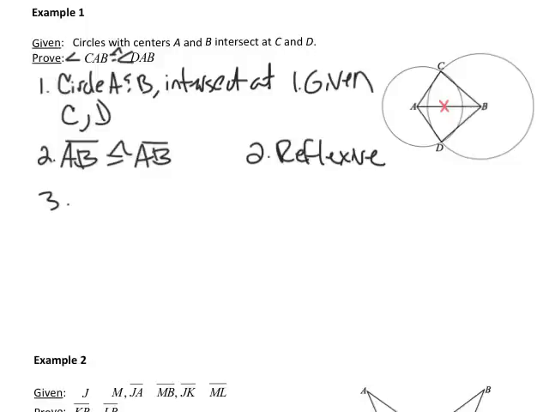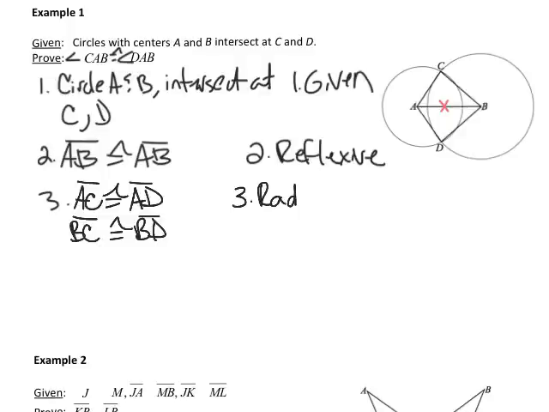So what I can say is AC has to be congruent with AD, and BC has to be congruent with BD. Radii of a circle are congruent. So it's this and that.